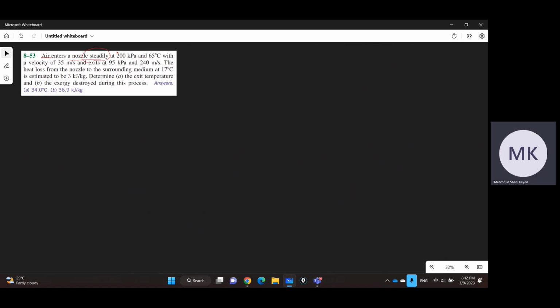We know that it is steady even if it's not mentioned in the question, because it is a steady device. It is entering at 200 kilopascal and at 65 degrees centigrade with a velocity of 35 meters per second.